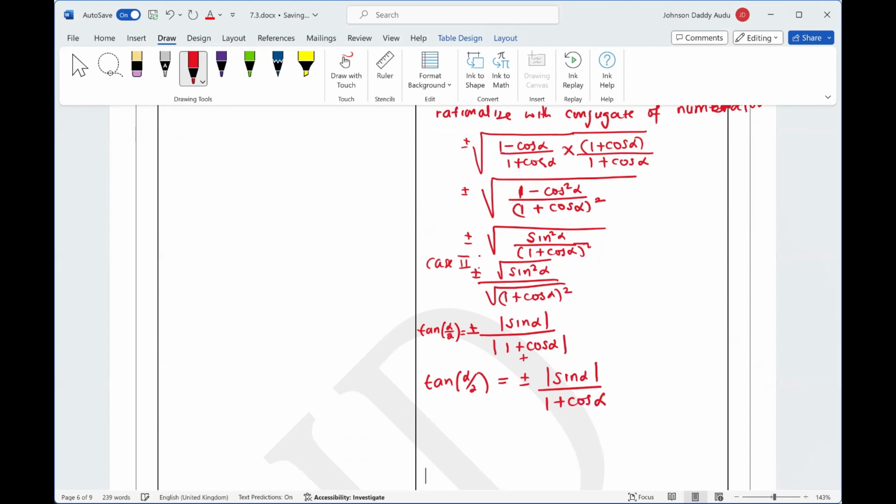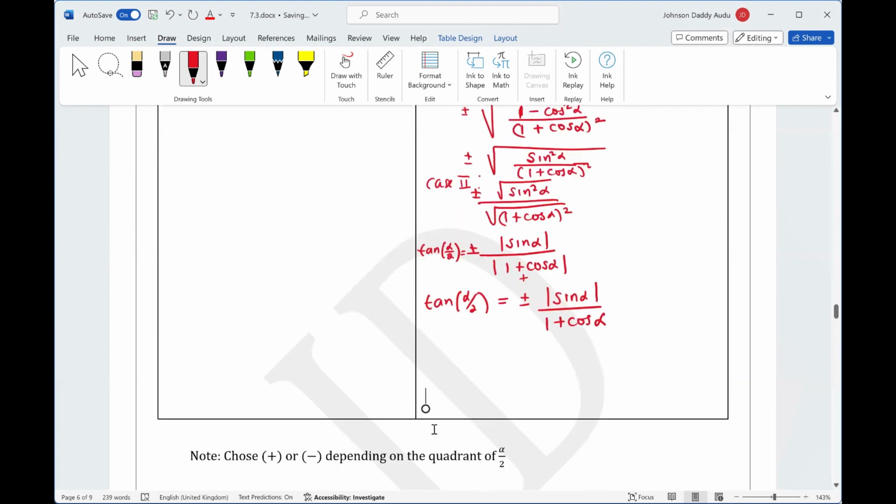And then using the analysis we did. Now here, why did I remove the absolute value for the denominator? Because we know that cosine alpha is always between what? -1 is less than or equal to cosine alpha, which is less than or equal to 1. This is always true.